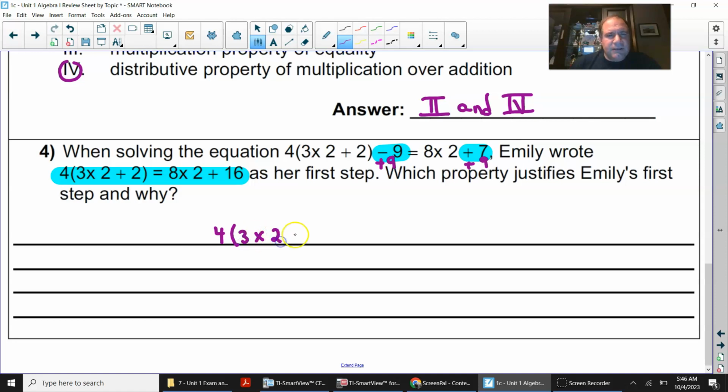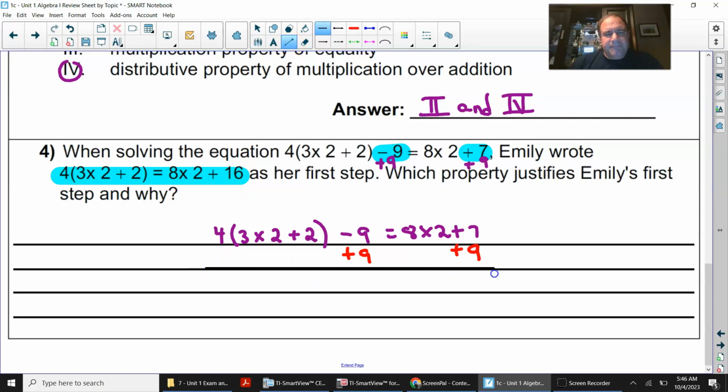I hate using the multiplication symbol for the x as an x, but this is exactly what Emily did. So we're talking about adding 9 to both sides. And so when Emily did get, she canceled this out and it became 4 times 3 times 3 times 2 plus 2, that stayed the same, equals 8 times 2 plus 16.